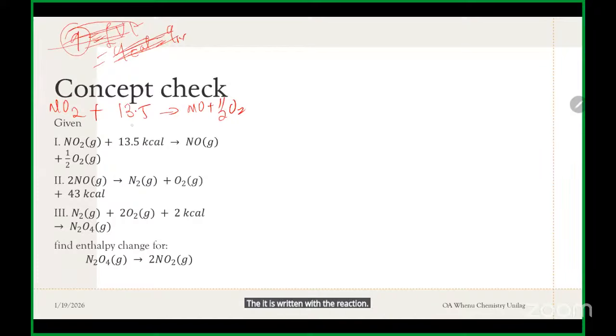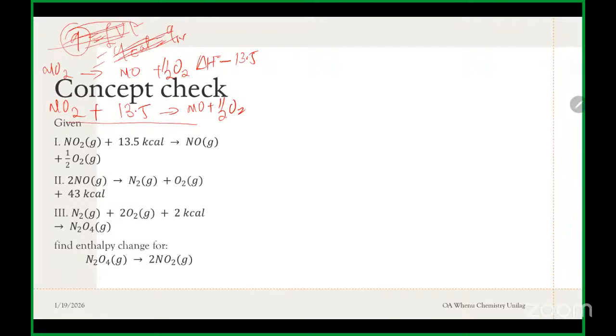So I can write this equation as NO2 going to NO plus half O2, and my delta H will now be minus 13.5. Now I'm solving the question on this side, that's why I'm not writing it. I'm going to solve it in two different ways.